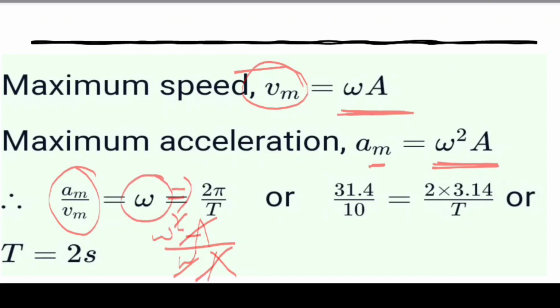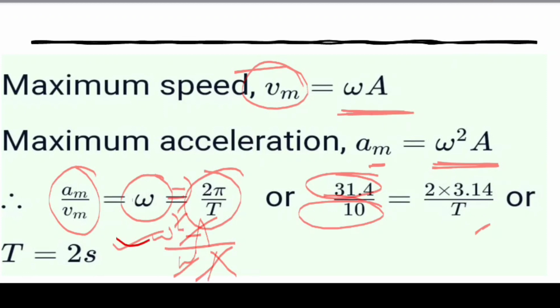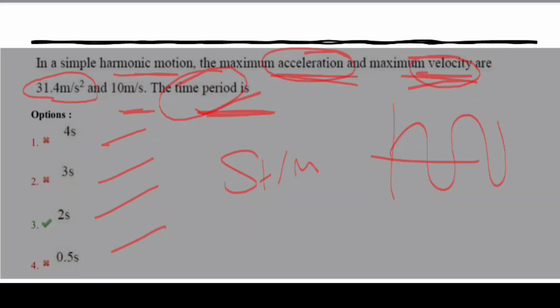Omega is nothing but 2 pi by t. Acceleration is 31.4 and speed is 10. So 2 into 3.14 by t. By equating this, we get t equals 2 seconds. Option C is correct, 2 seconds.